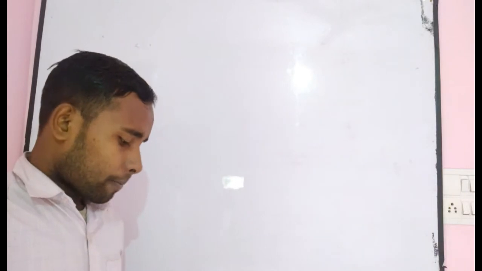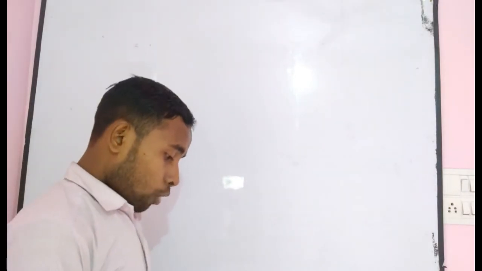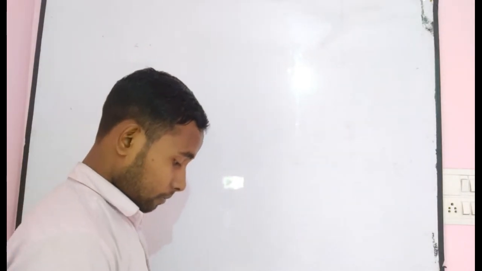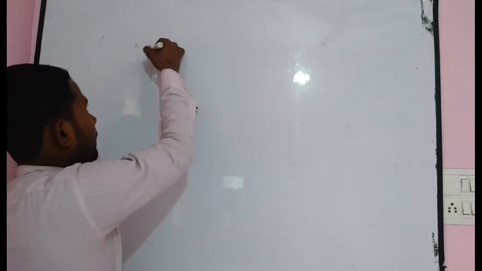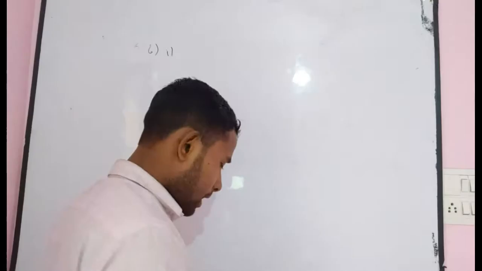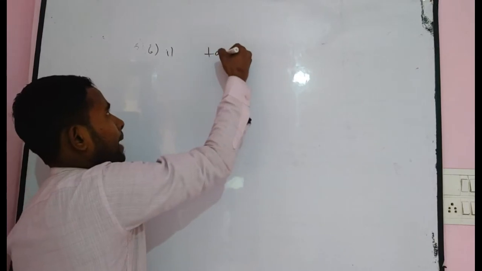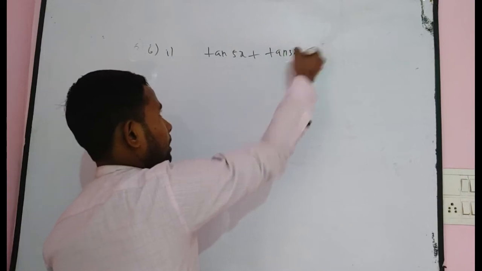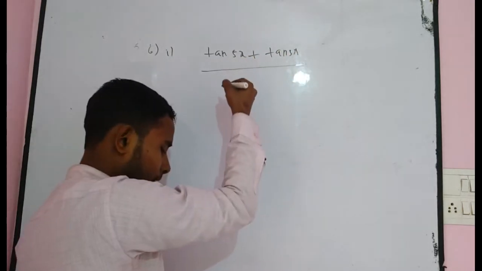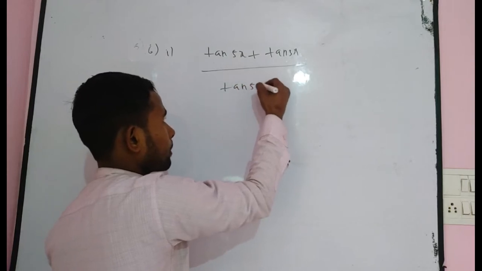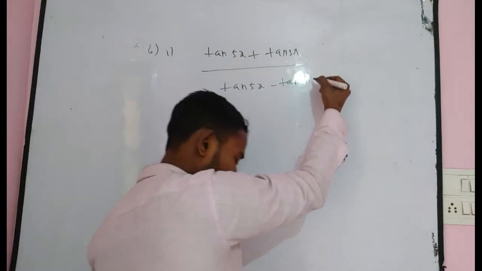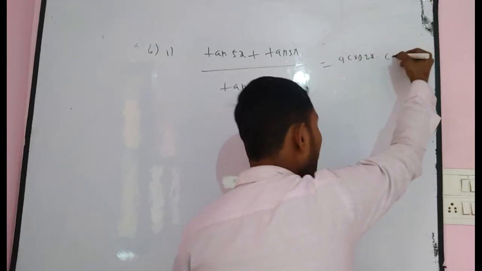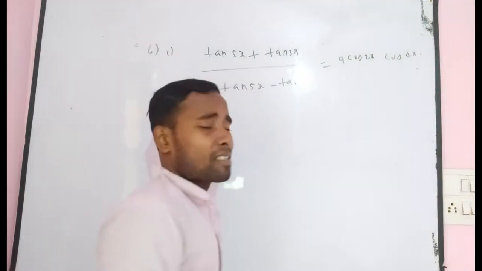In the next example, you have to prove that (tan 5x plus tan 3x) divided by (tan 5x minus tan 3x) is equal to 4 cos 2x into cos 4x.